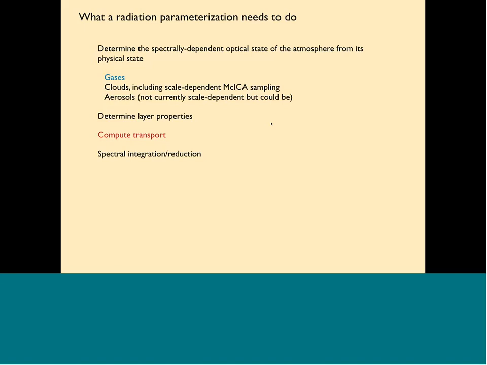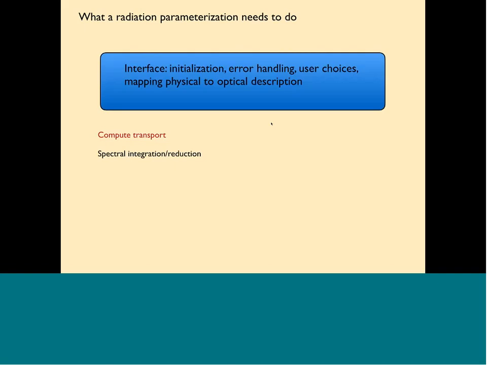And finally, you need to take these spectrally resolved fluxes and you need to reduce them. By which I mean you need to integrate over them typically to get a flux or a heating rate. You might also want to do some other more refined reduction that I'll talk about a little bit later.